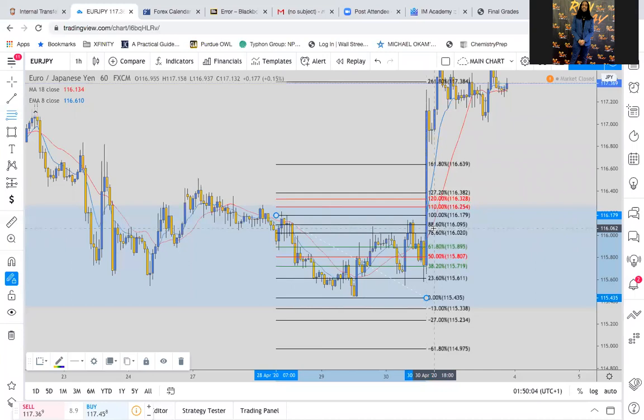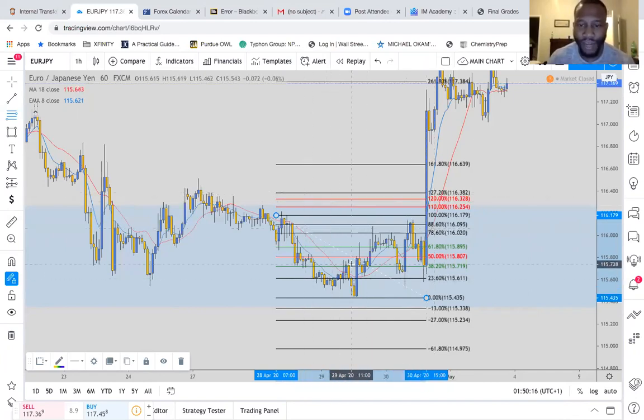Reversal zone. Okay. So anytime price reverses to the 38.2, if we're in a downtrend, we always get a strong impulsive move to the downside. Do you guys see how price came here to the 38.2 and we just got massive bearish action? 1, 2, 3, boom. Impulsive. There was no bullish candle, none of that.